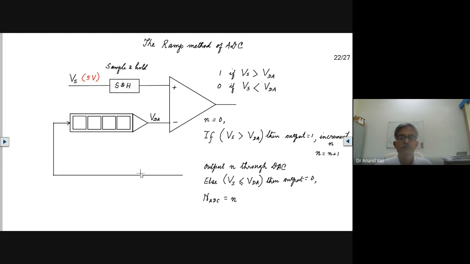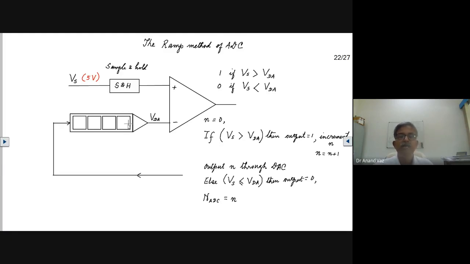So this is the algorithm. You can see over here that the output, this number which is produced finally, that is N, which actually matches this 5, or it is just less than 5, or just more than 5.